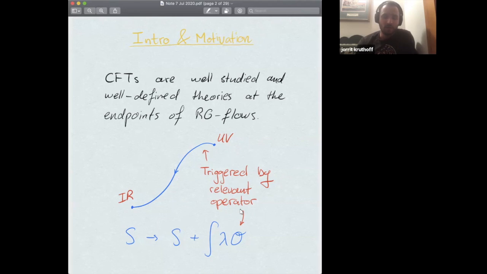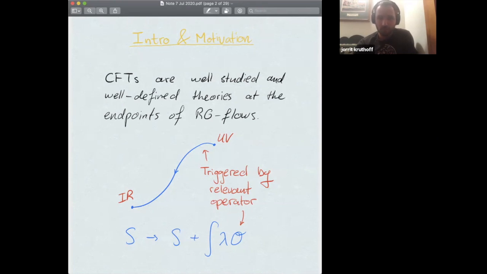Usually the picture we have in mind is that we start with some UV theory, turn on a relevant operator, and the theory starts flowing to a different fixed point in the IR. Schematically, the Euclidean action is deformed by an operator O with some space-time independent coefficient lambda, and that triggers the RG flow from the UV to the IR.